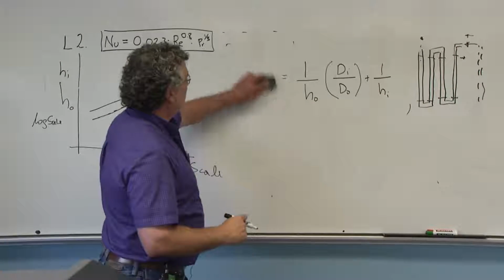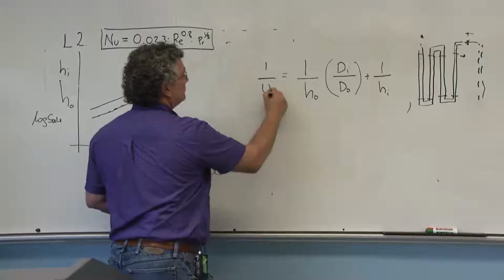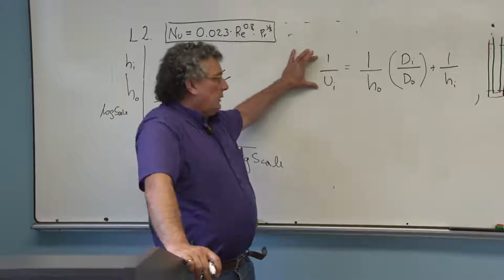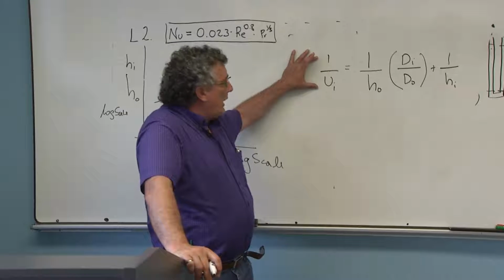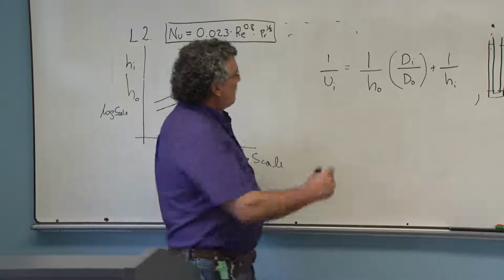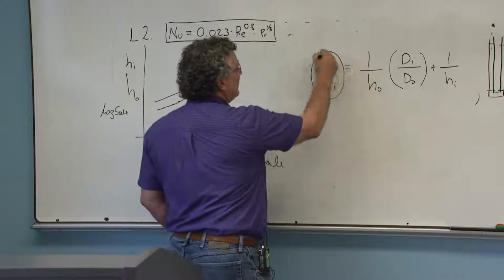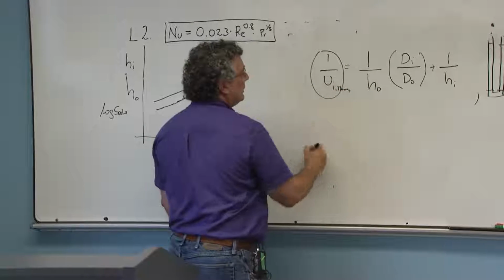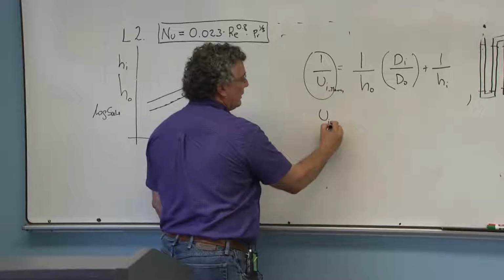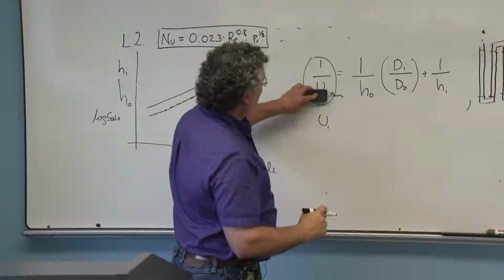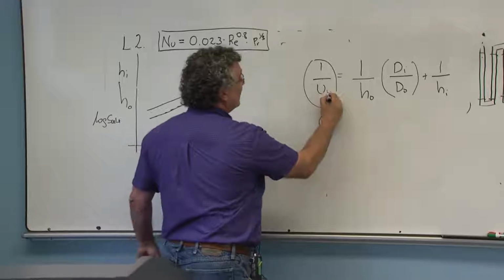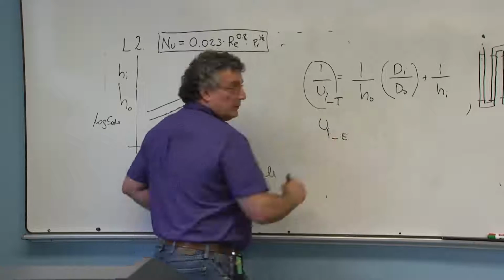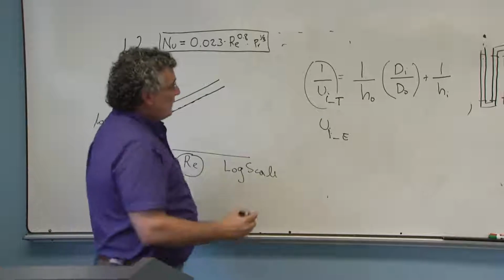Oh, sorry, this is 1 over UI. So this expression allows us to connect this value, which we are going to determine here. You could call this HI theoretical, and then there's going to be a UI theoretical versus UI experimental. Okay?